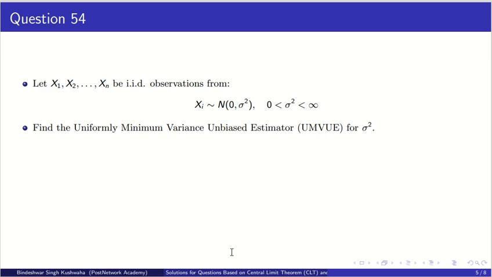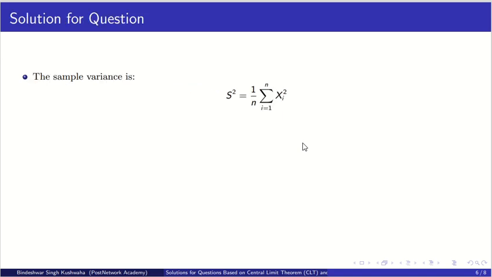We need to find the uniformly minimum variance unbiased estimator, which we also denote by UMVUE. So the options are 1 upon n sum of xi square, 1 upon n minus 1 sum of xi square, and the third and fourth you can see. So let us solve.